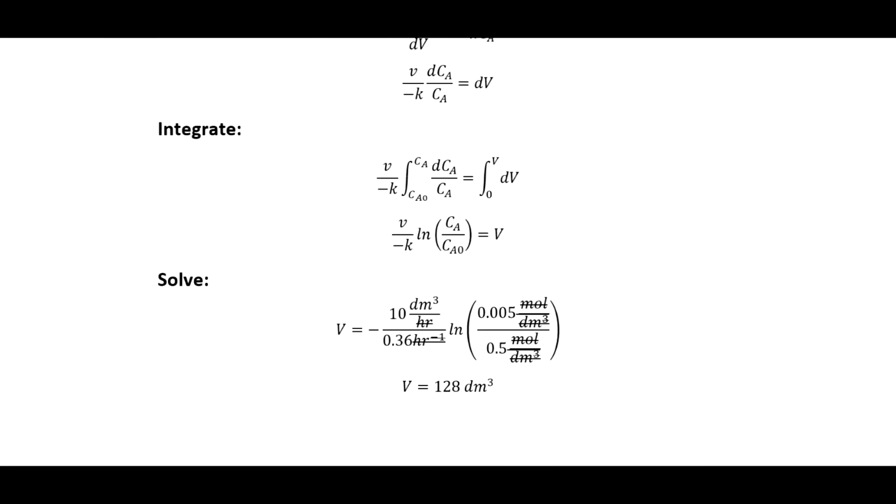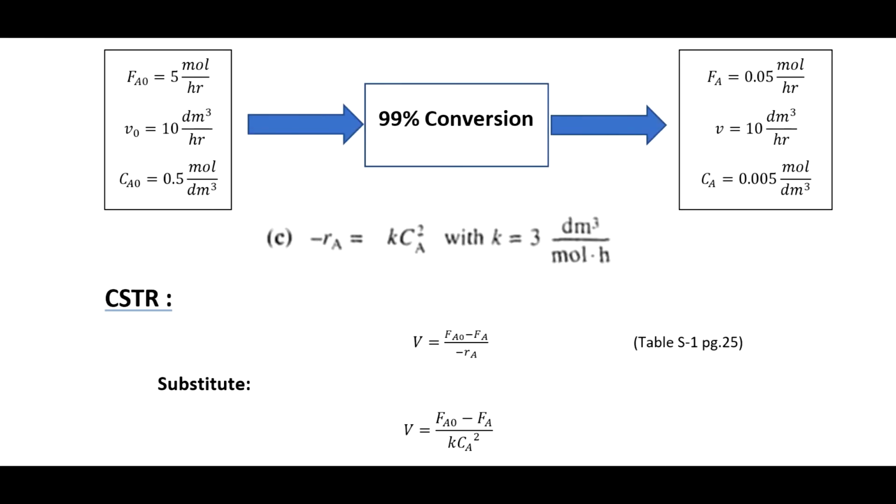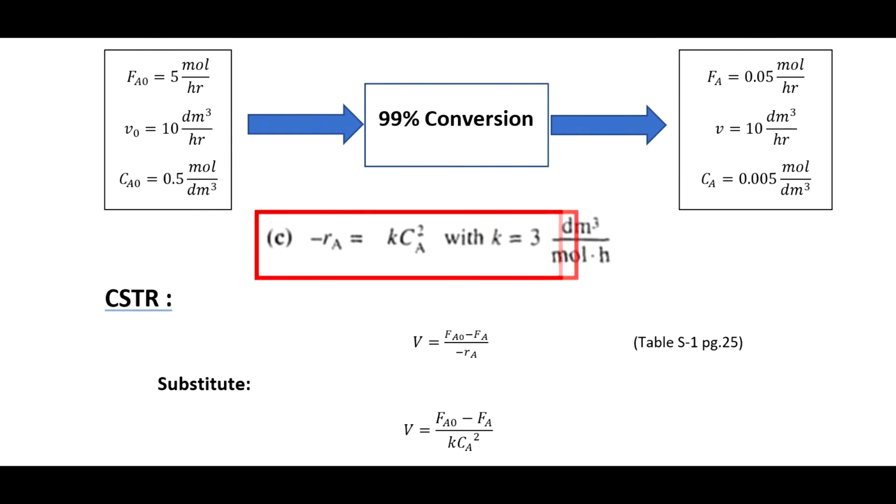Once we plug in all of the values that we had in our chart, we're left with a volume of 128 decameters cubed. For problem C, we're going to be doing a different reaction rate. That is negative r sub A is equal to k C sub A squared with a constant of 3 decameters cubed per mole hour.